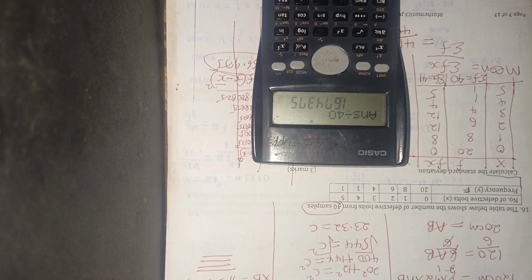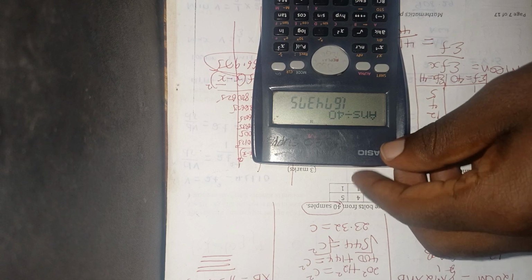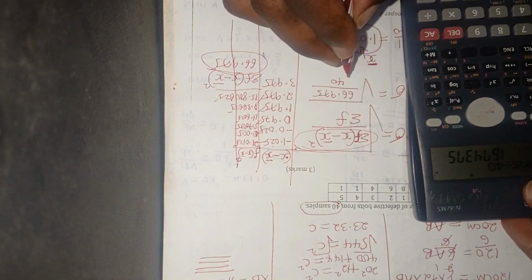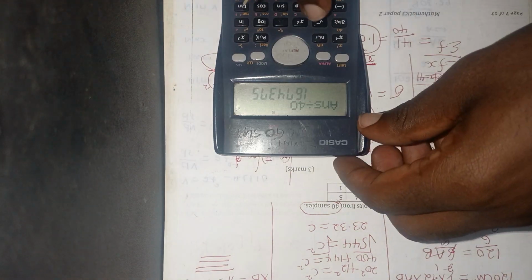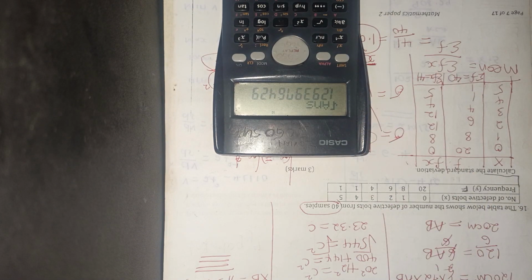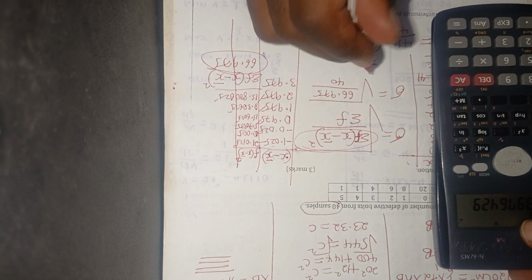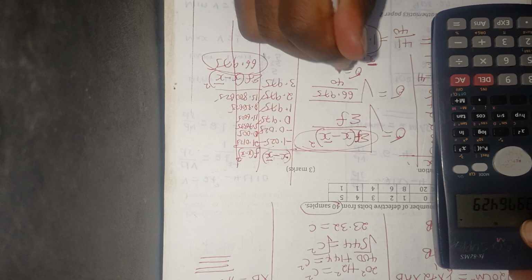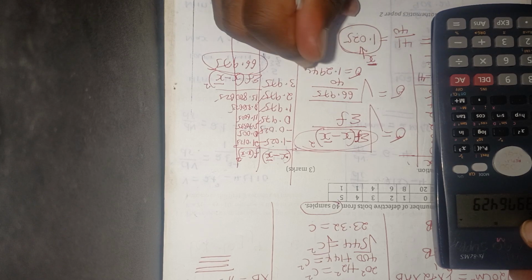Once you've gotten that as the answer, you finally get the square root. So it is 1.2939, which is the same as 1.2940. So our standard deviation is equivalent to 1.2940.